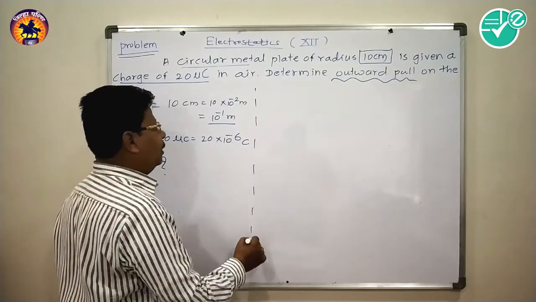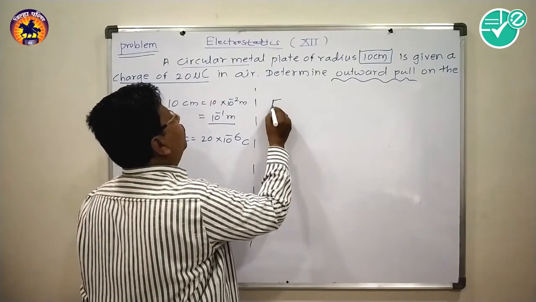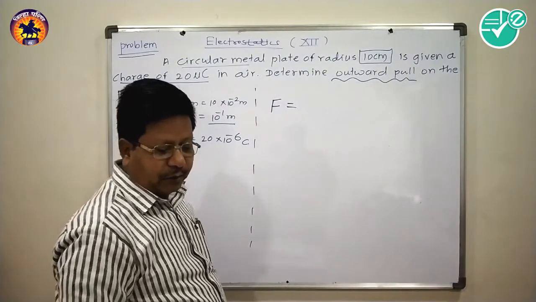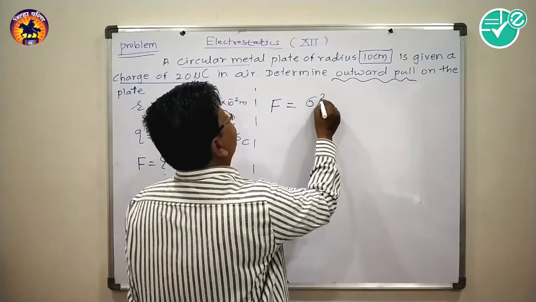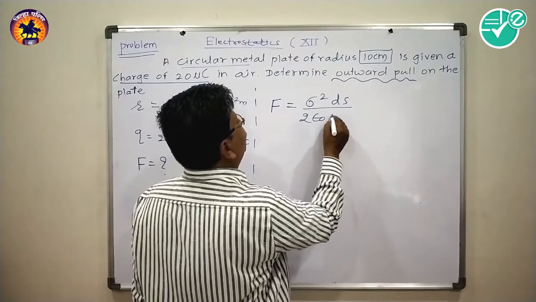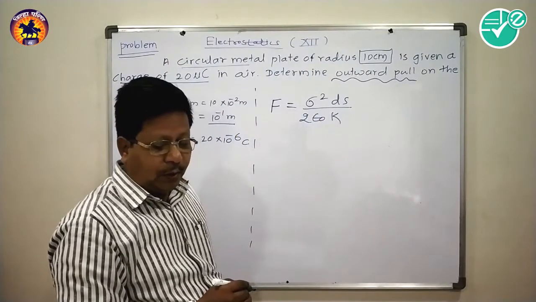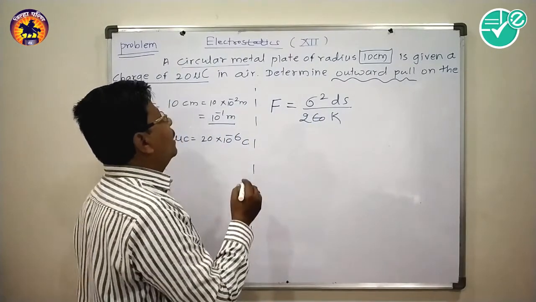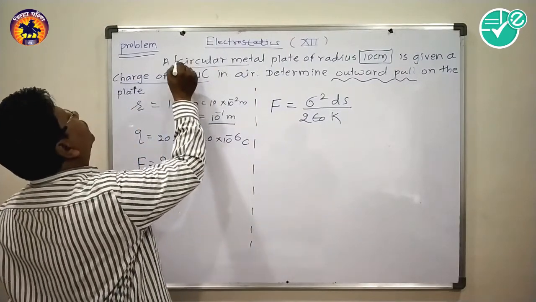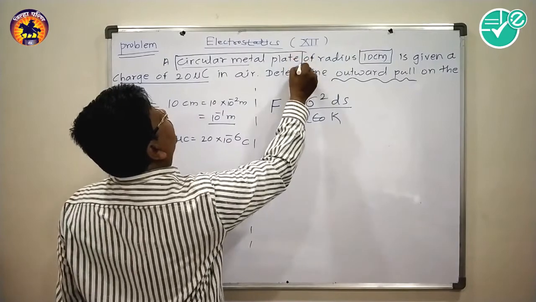and the formula for outward pull is F is equal to sigma square into dS divided by 2 epsilon 0 K. But here we have been given a circular metal plate.